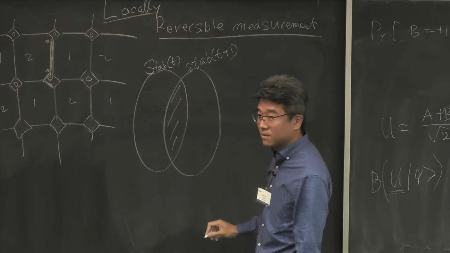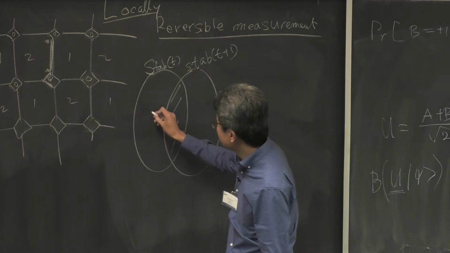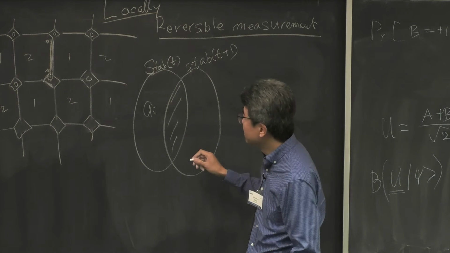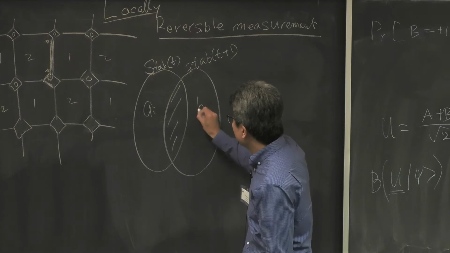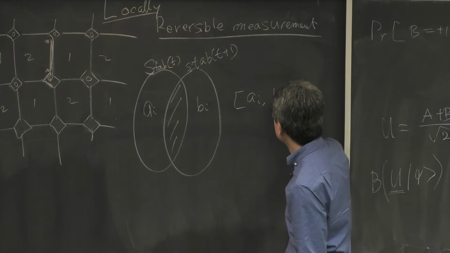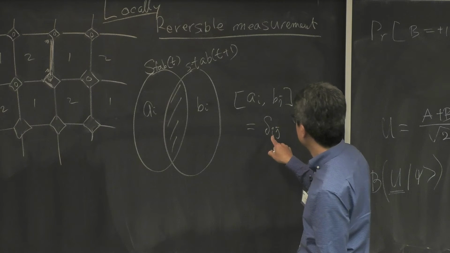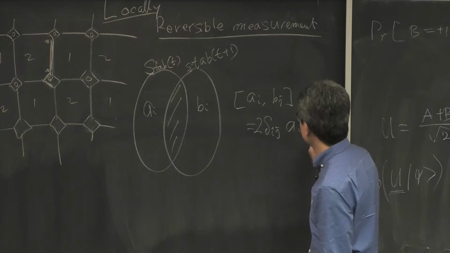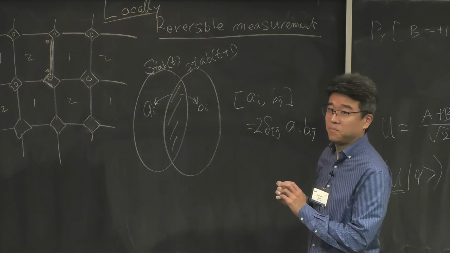There could be some intersection that we don't mind, but by definition of locally reversible measurements, we demand that there is a choice of generators for this stabilizer group, in other words, the choice of measurement operators that you choose in each round on both sides, such that they anti-commute, the anti-commuting pairs are perfectly paired up.